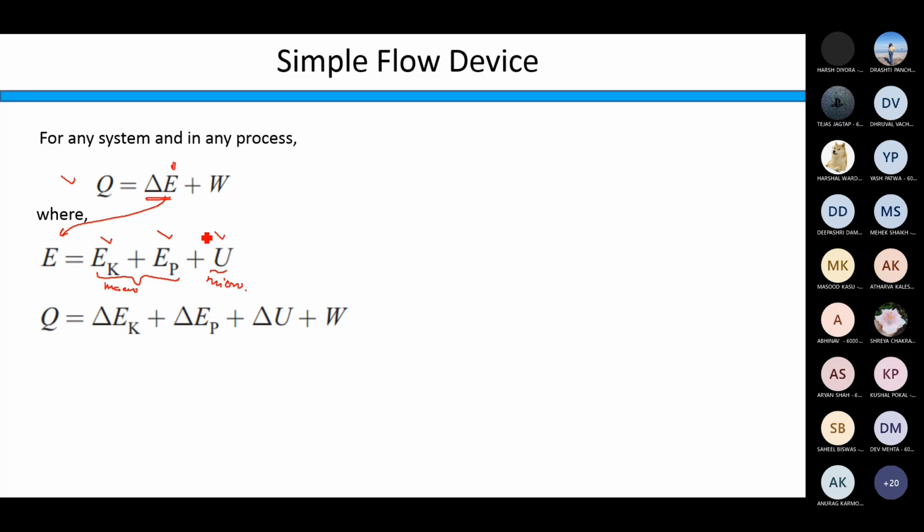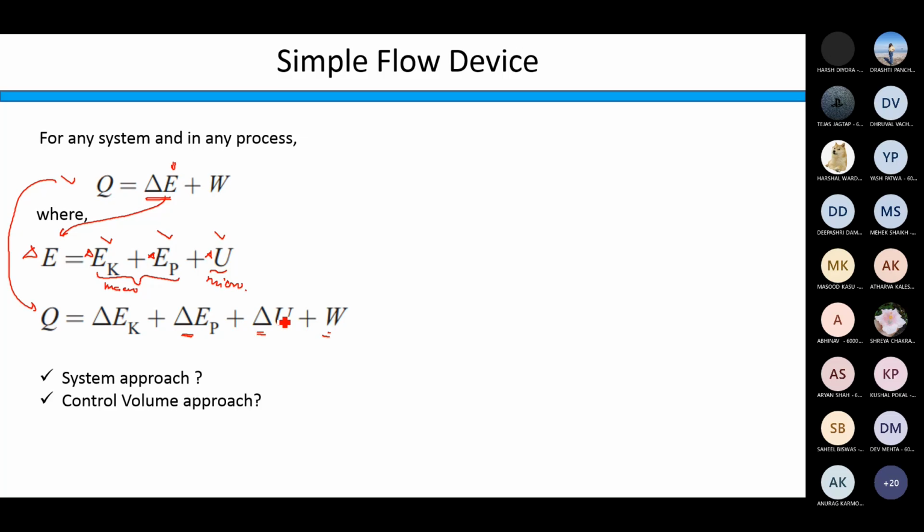So Q is delta Ek plus delta Ep plus delta U plus W: change in kinetic energy, potential energy, and internal energy of your system.